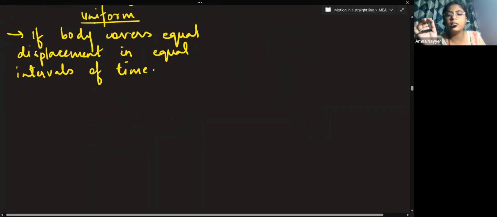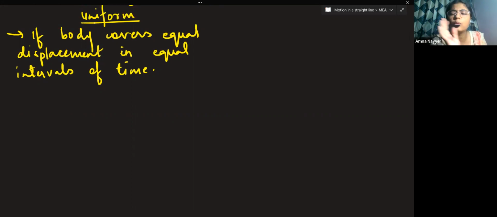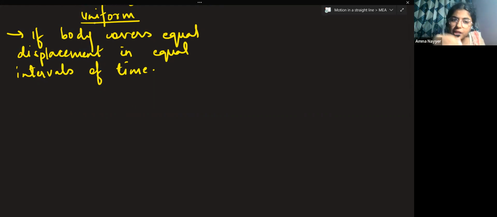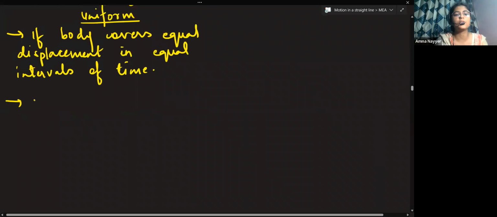We are not just focusing on the magnitude; we'll also be considering the direction. So if a body covers equal displacement in equal intervals of time, it means the magnitude and the direction do not change.